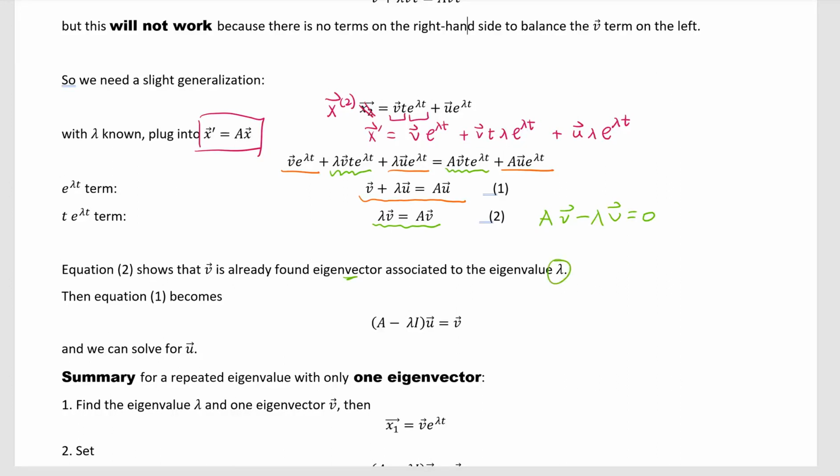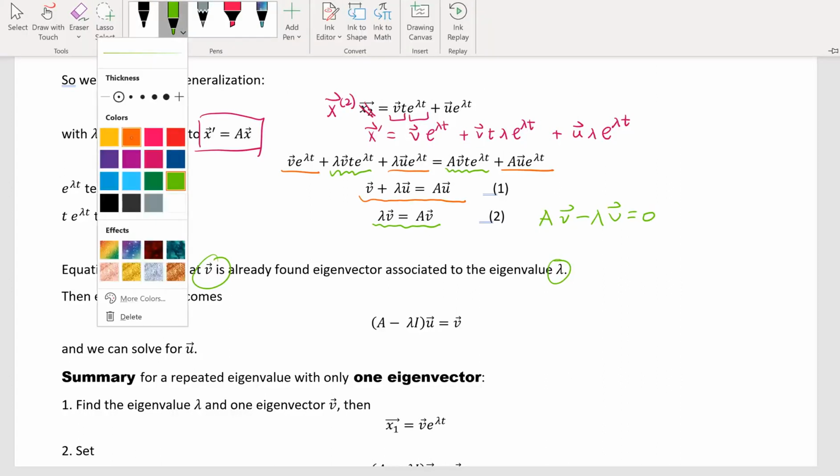Well, that is exactly the v we find, right? Remember, in that case, we find one eigenvector for that eigenvalue lambda. So we already find v. v is, in fact, the eigenvector that matches our result. That's good.